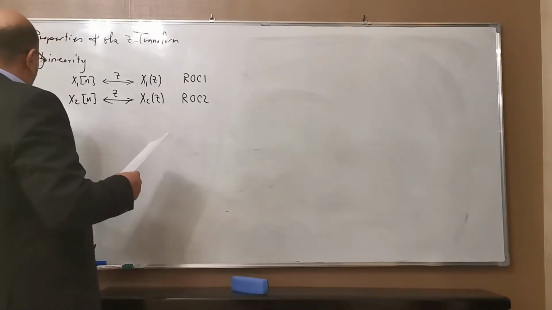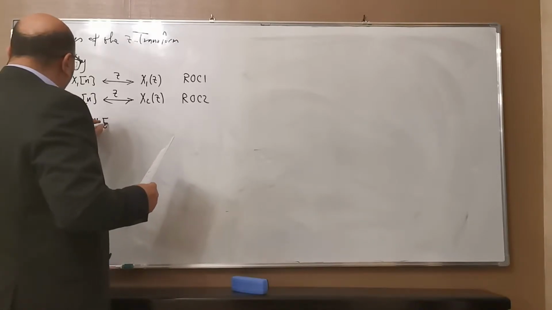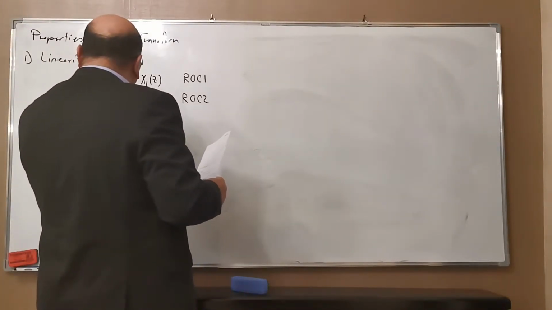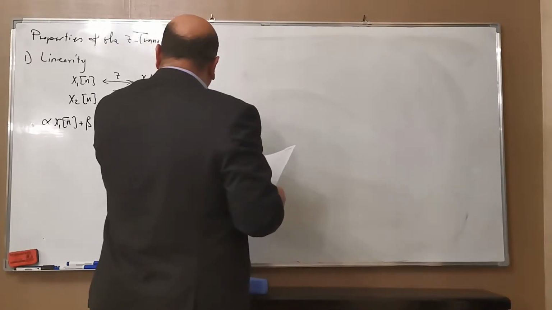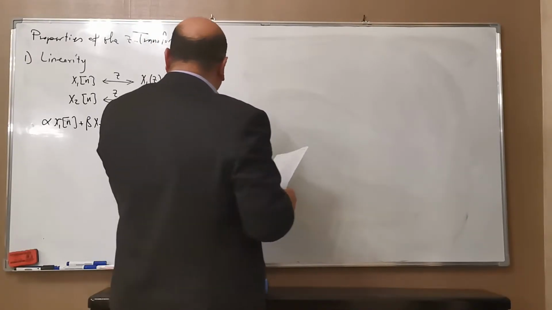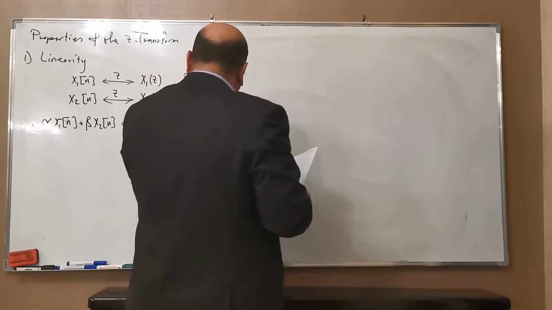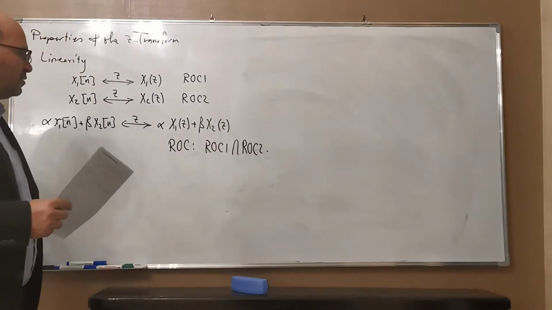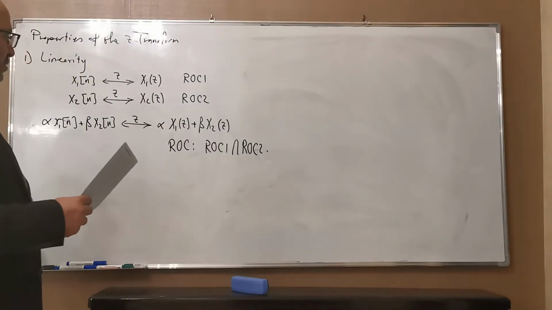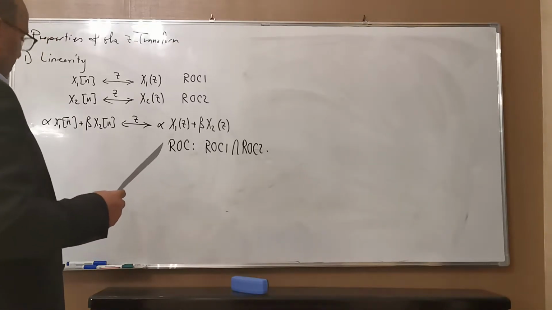So we can say that alpha x1 of n plus beta x2 of n has the Z transform of alpha X1 of z plus beta X2 of z, with the ROC equals to ROC1 intersection ROC2, the intersection of the overlap between the two regions of convergence. Okay, so this is the linearity.